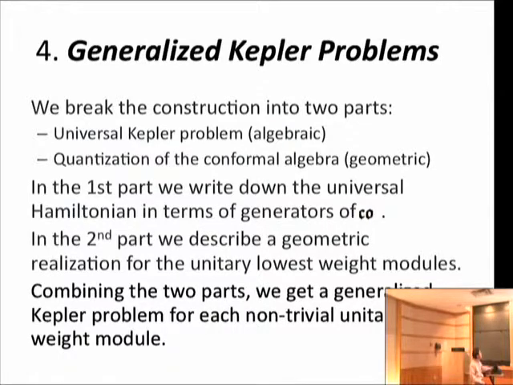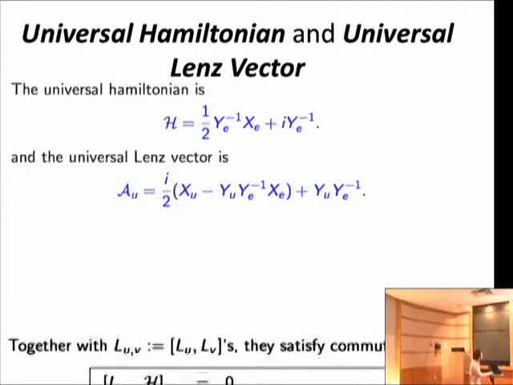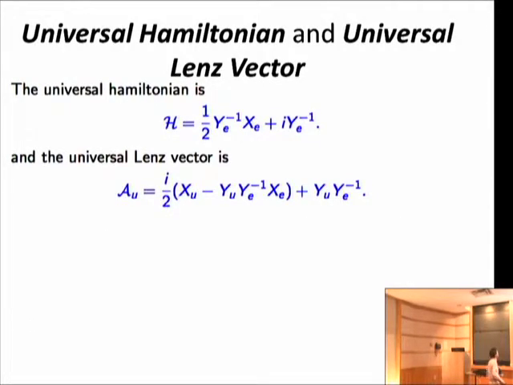So essentially, for each non-trivial one, there's a trivial one we don't have a model for, there will be a generalized Kepler problem model. Now, first, the algebraic part is much easier. The universal Hamiltonian is like this. Remember, in the conformal algebra, we have S_{UV}, we have X_U, and also Y_Z, right?